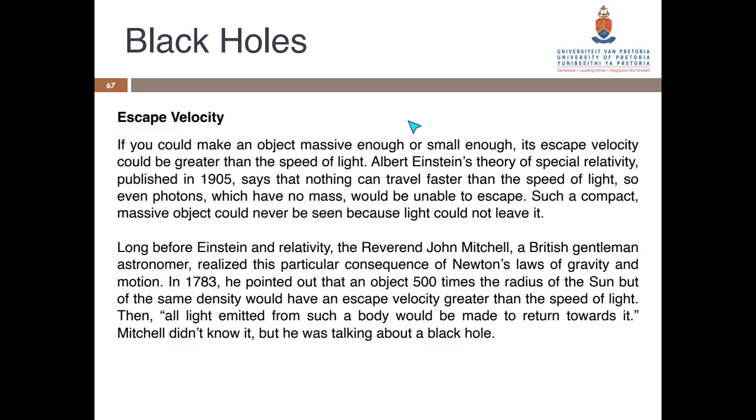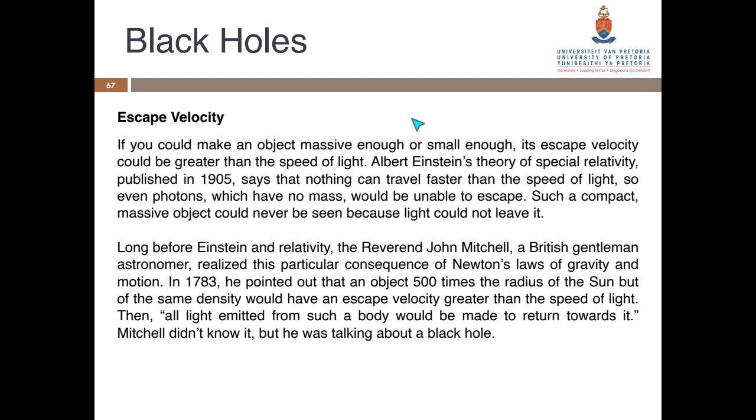Albert Einstein's theory of special relativity, published in 1905, says nothing can travel faster than the speed of light. So even photons, which have no mass, would be unable to escape. And such a compact, massive object could never be seen because light could not leave it.